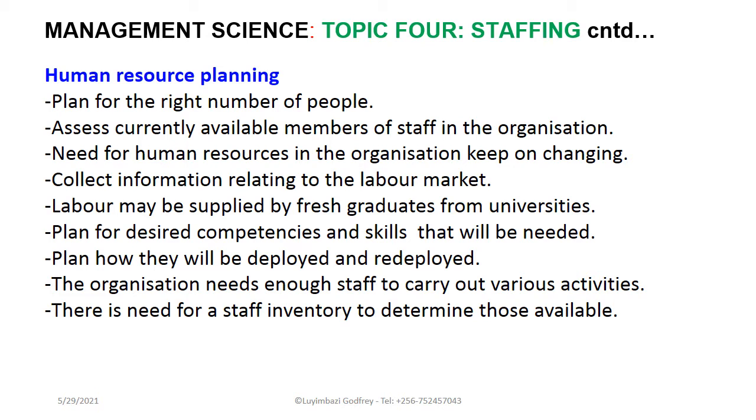So we need to collect enough information relating to the labor market, relating to labor supply and the labor demand, and we know that labor may be supplied by fresh graduates from universities. So we need to plan for the desired competences and skills that we shall need in future in our organization.